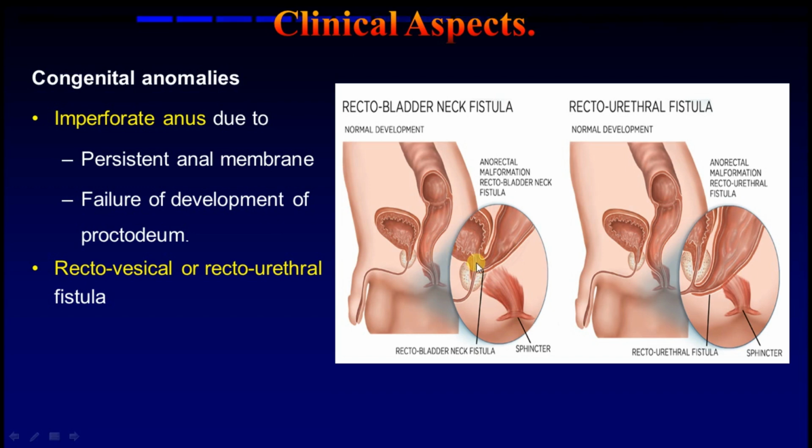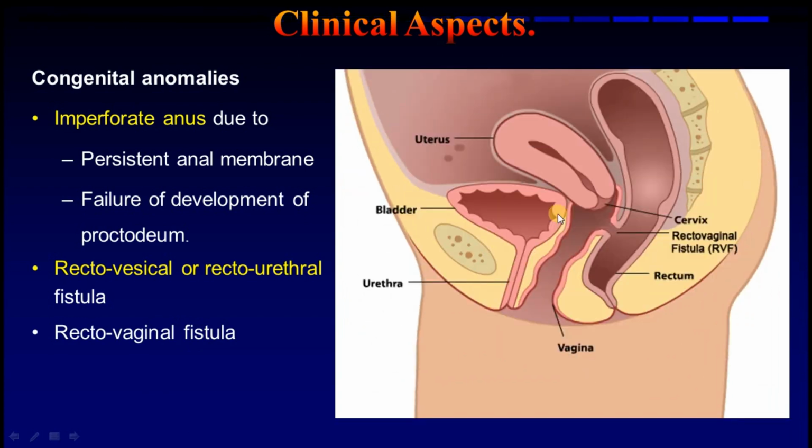Same in the case of females, rectovaginal fistula. You can see a communication between the anus and the vagina. Sometimes the anal opening, urethra and vaginal canal all might have a common opening.